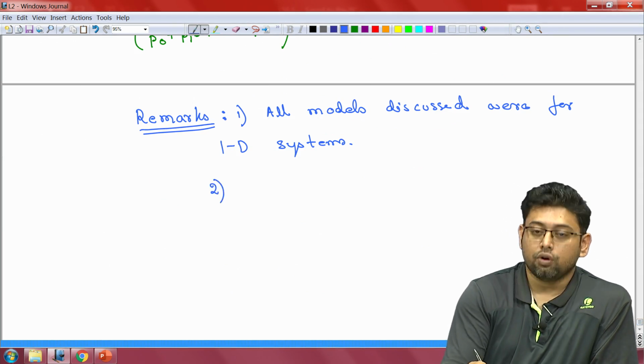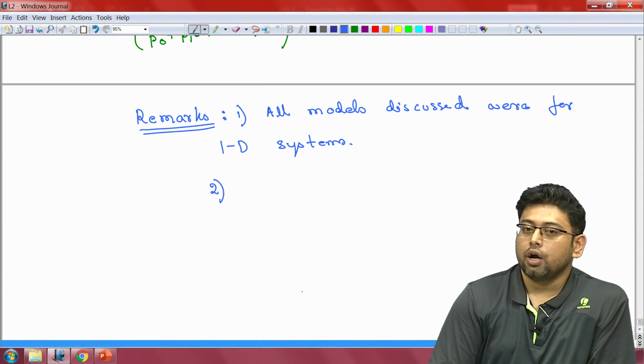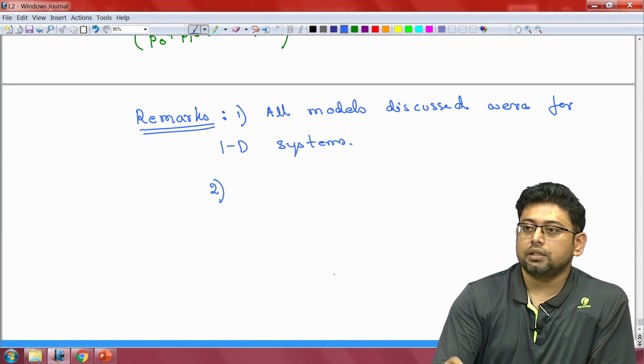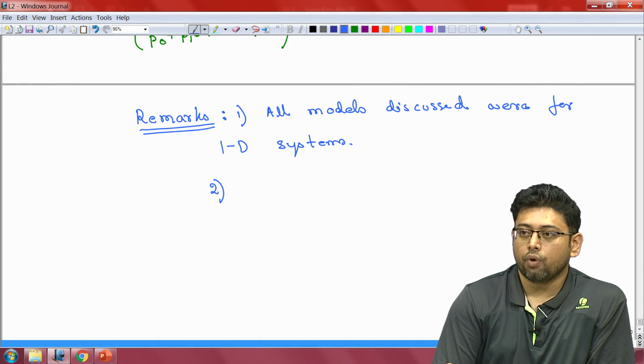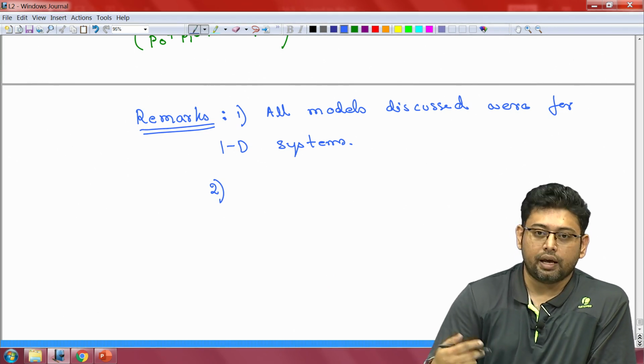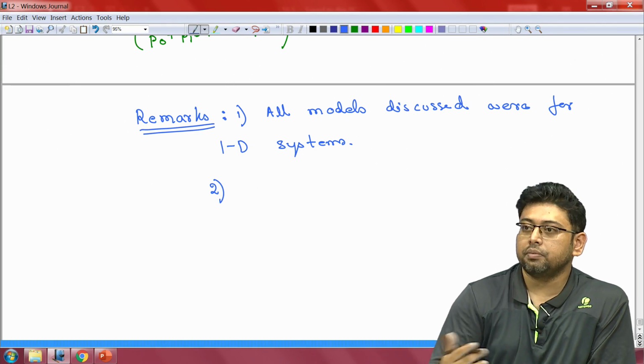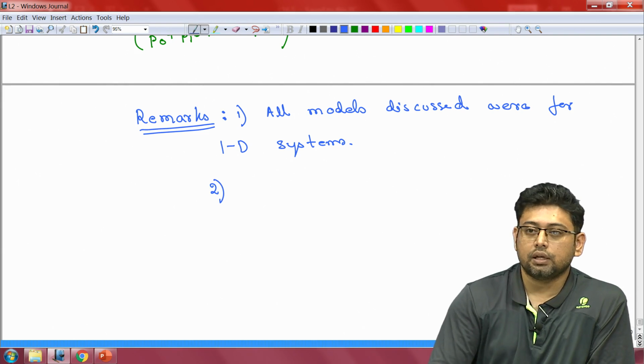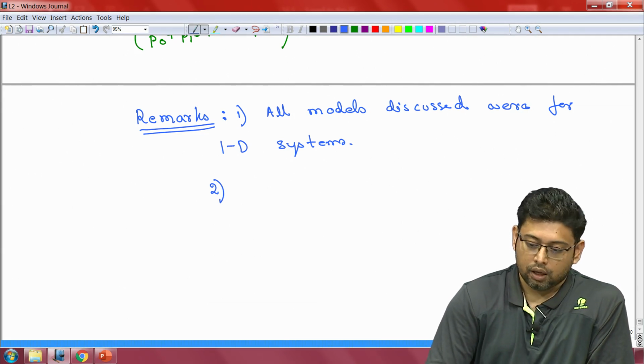If you have to create models for 2D and 3D, they are actually generalizations of this, but this is an important starting point, but these were all one dimensional systems. Even if you have any number of elements, that does not imply that you have generalized it to other dimensions. We are still subject to the restriction that we were discussing only one dimensional cases, right.